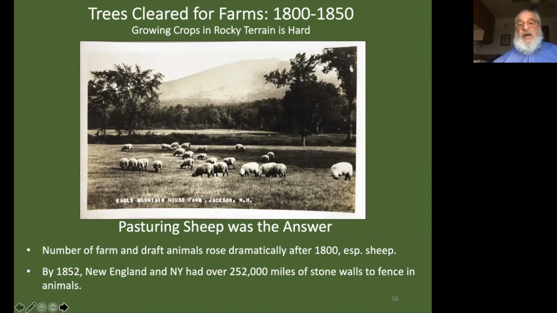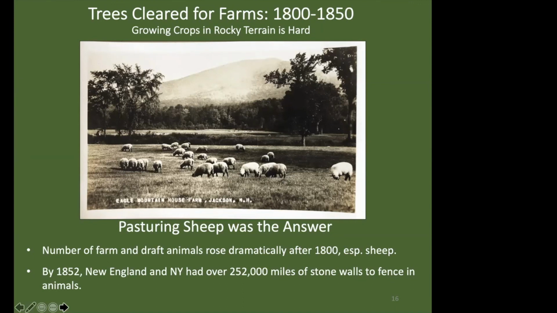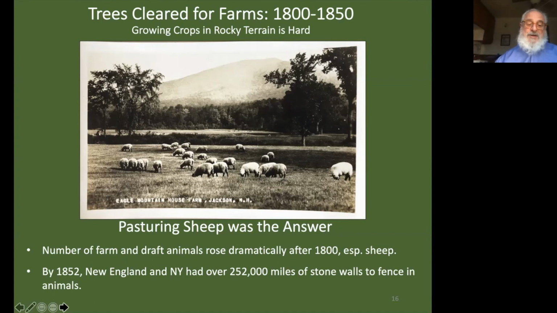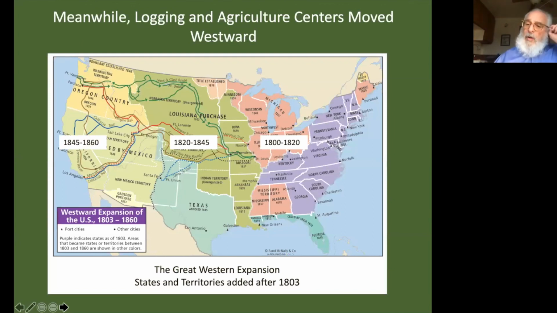And if you think about that, the moon is 240,000 miles away. We had enough stone walls in our 6 states plus New York to go to the moon and then some. That's a lot of stone walls, and attests to the abundance of rock in New England and the difficulty of farming crops.